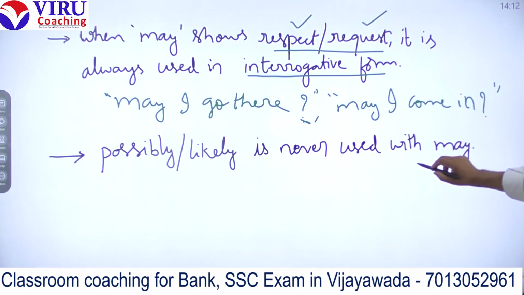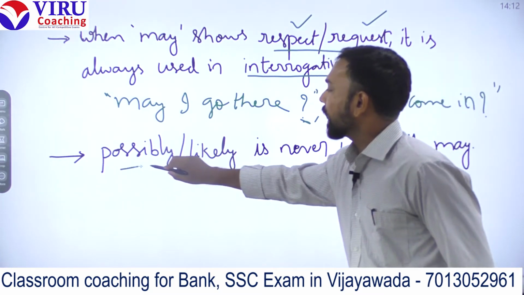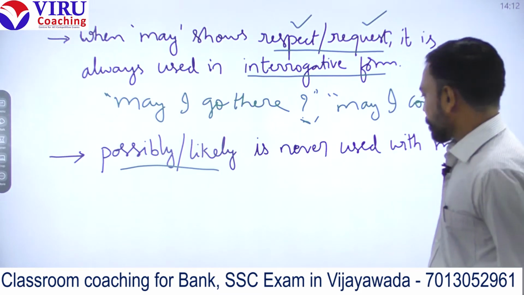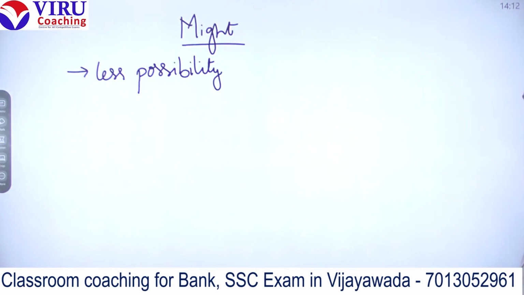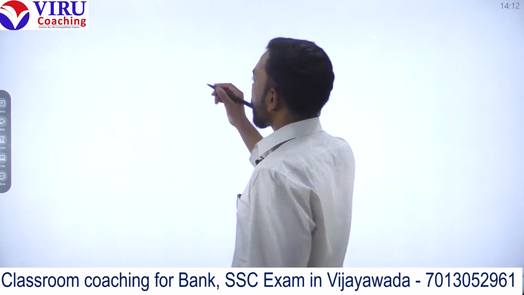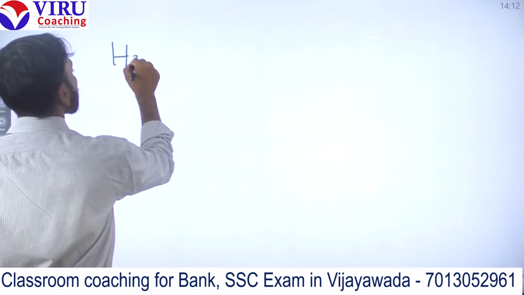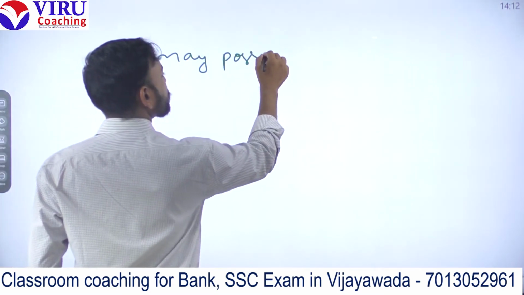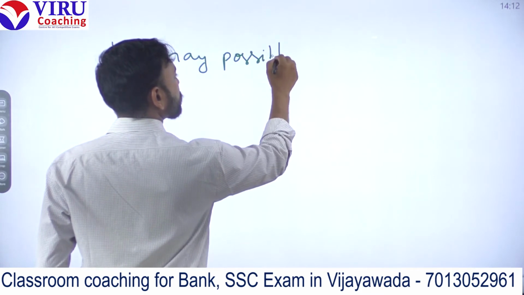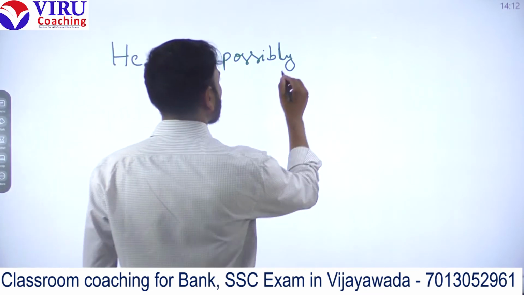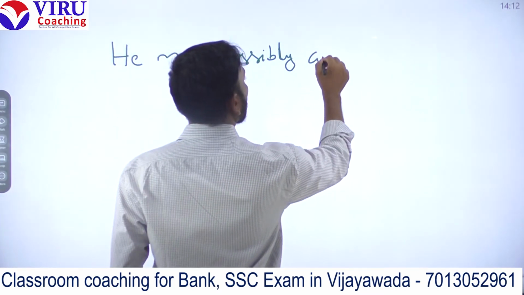Let's go to the next point. Possibly and likely are never used with may. Let me give you an example. I'll write an example here. He may possibly come tomorrow.